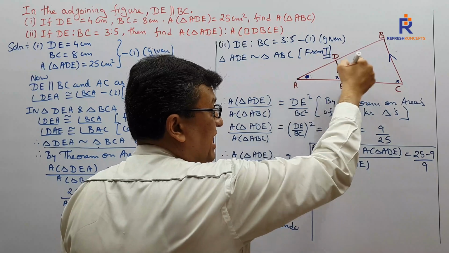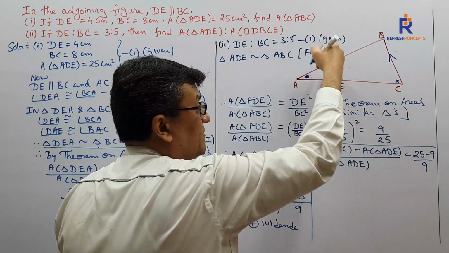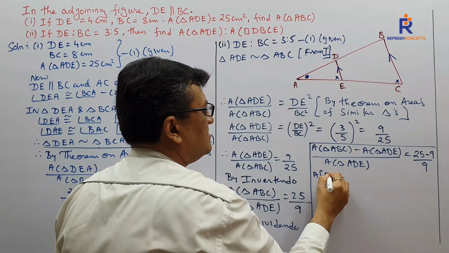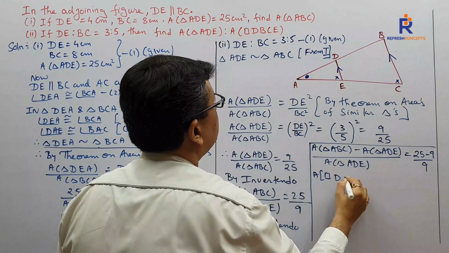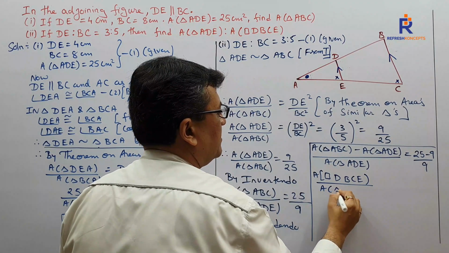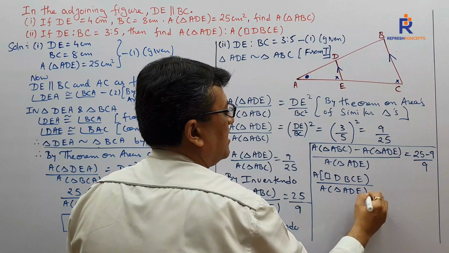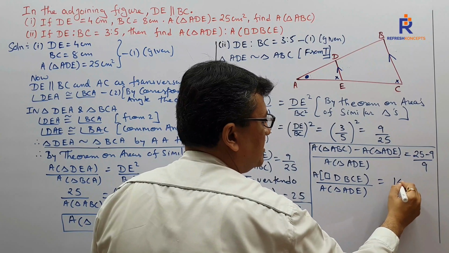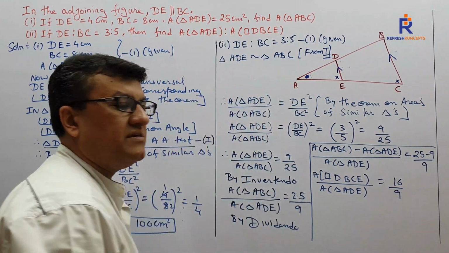From the bigger triangle, if I subtract the smaller triangle, what am I left with? Area of quadrilateral DBCE upon area of triangle ADE. How about 25 minus 9? 16 by 9. Are we done?